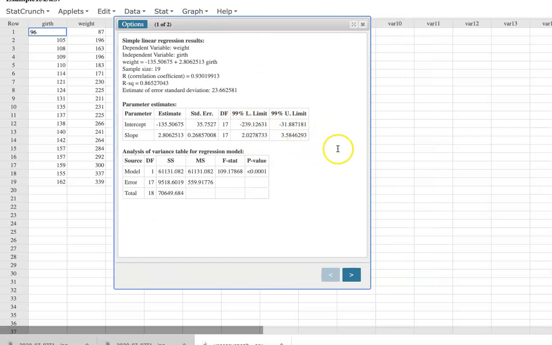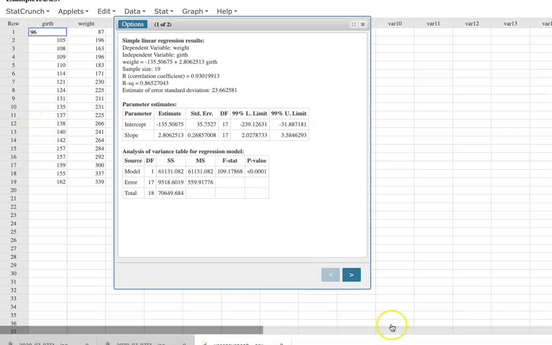The true slope, we are 99% confident that the true slope for this model is between 2.028 and 3.585. So we are again confident that it's definitely positive, and it's going to be somewhere between those two values for the entire population. We take our sample data and we look to see what value we can estimate for the population parameter.